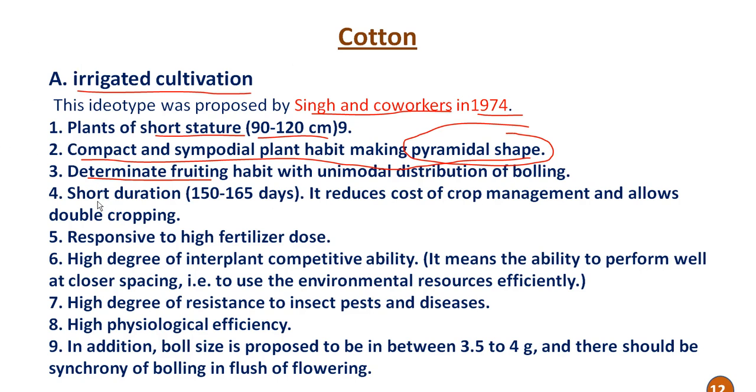Then short duration, that is 150 to 165 days. This is preferred in cotton, as it reduces the cost of crop management and allows double cropping. This is an important aspect for farmers and breeders, because both prefer short duration crop varieties.